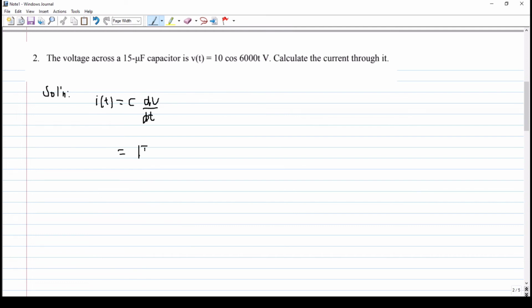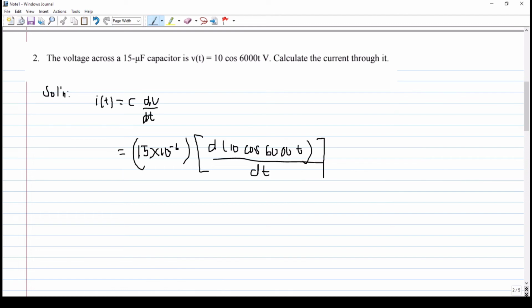So 15 times 10 to the power negative 6 times the derivative of 10 cosine 6000 t over dt. Okay.